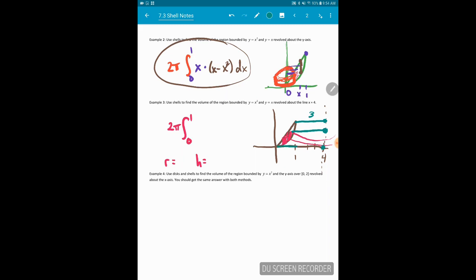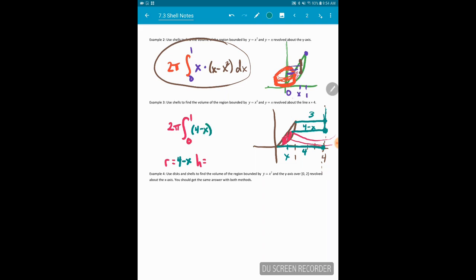And then once I get all the way down to here, the length of this radius is 4. So my radius has to be between 3 and 4 all the time. And so what it appears is that the radius is 4 minus x. And that makes sense because if I take this line and I subtract whatever x is, then I end up with 4 minus x as the length of the radius.